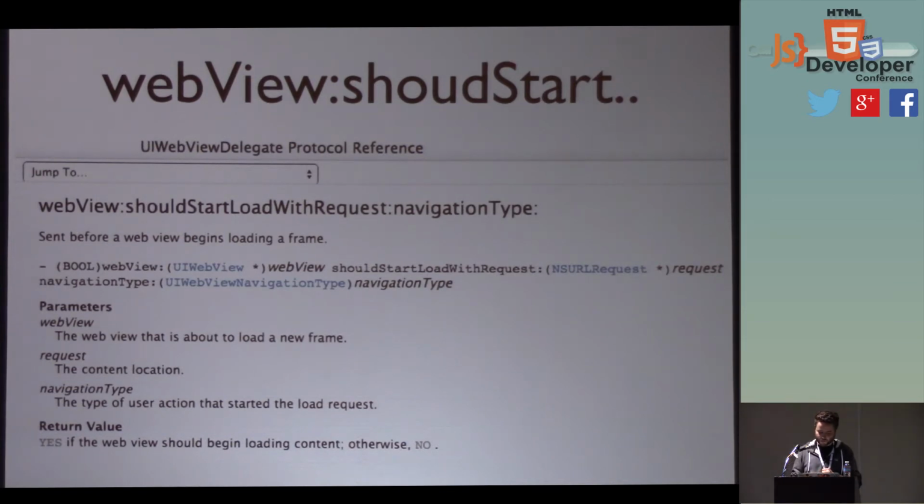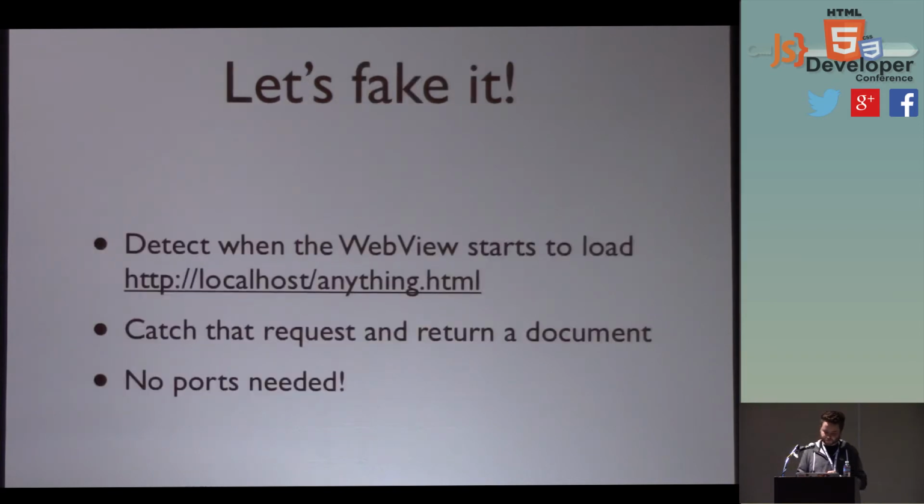So you can just catch that request and then return the document for that without opening any ports. So you can fake it. So now you just catch localhost/anything, and then you return that anything.html from your app bundle. So there's no ports needed, and it makes the programming way simpler.